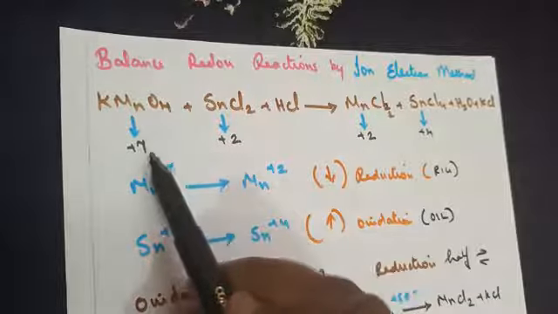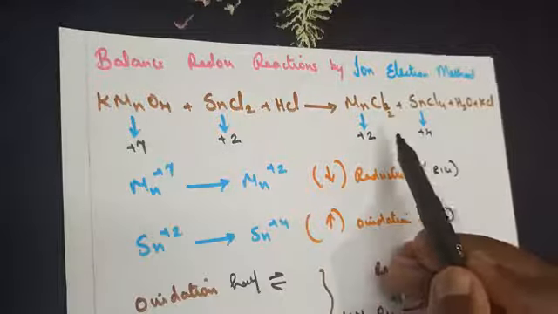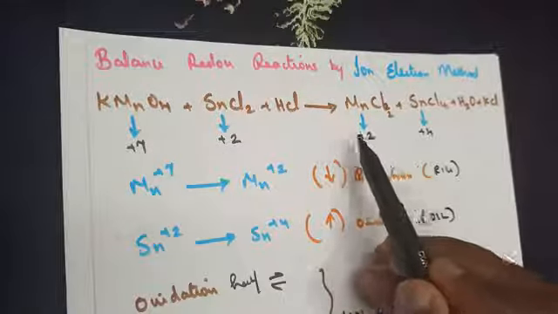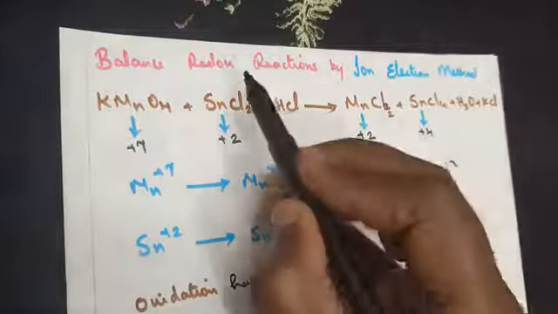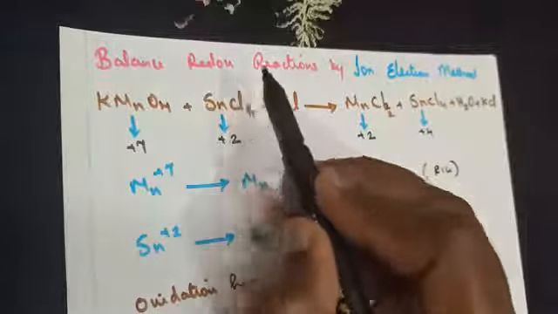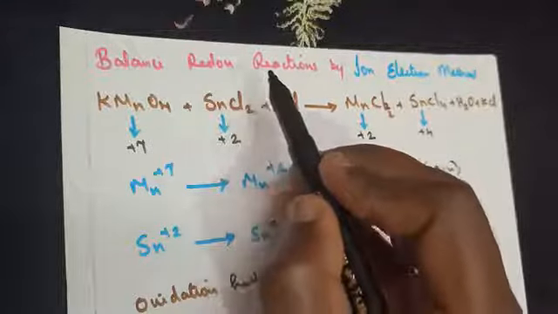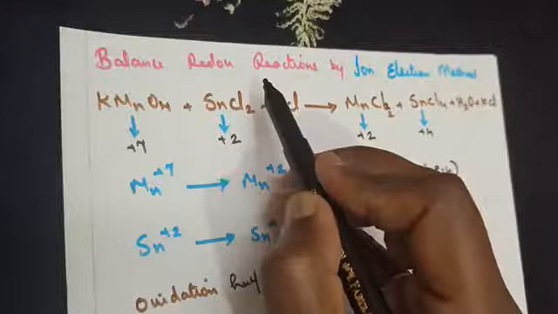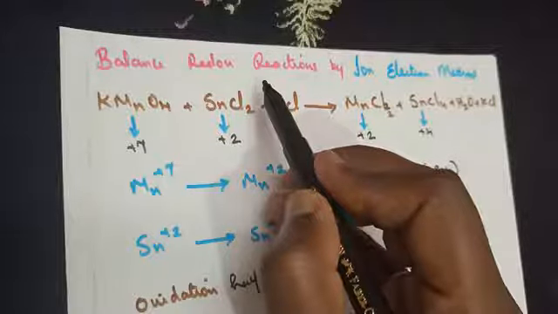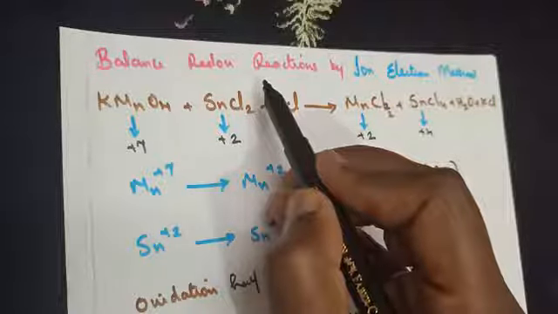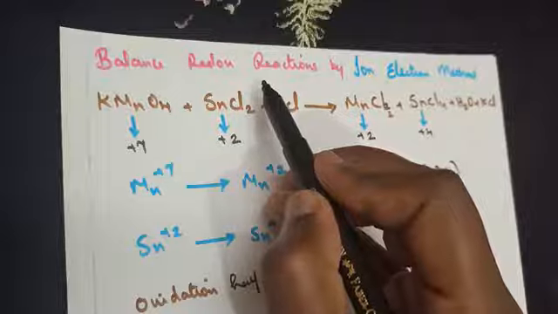Only those two chemical entities which show the difference in charge alone I have pointed out here. Because I told you, in redox reactions, no matter how many types of elements are present, only two elements will undergo changes in charge between the reactant side and the product side, except auto-redox reactions.